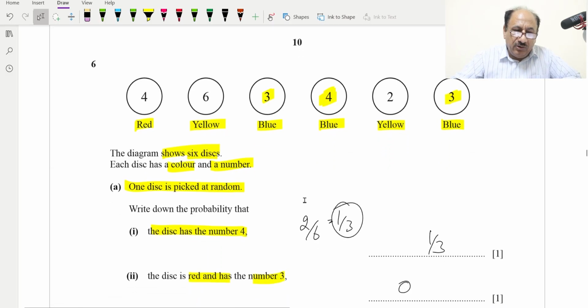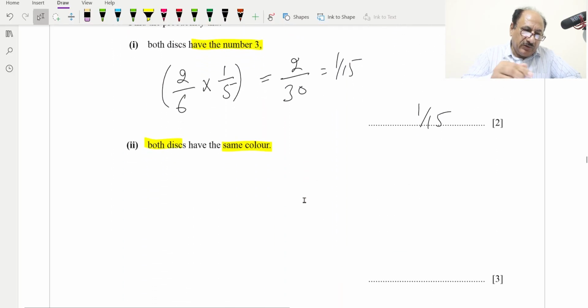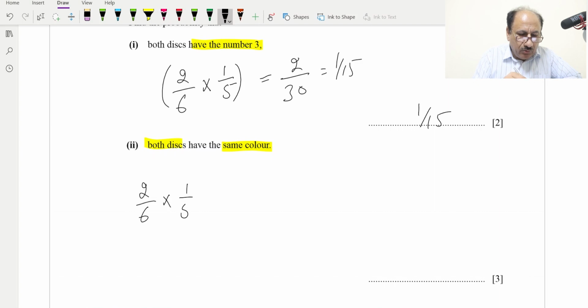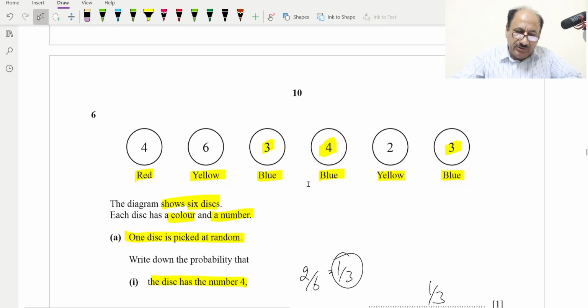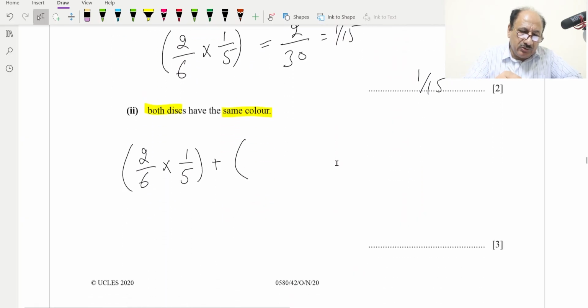So for yellow there are two, so the first probability will be 2 out of 6, and the second, because this is without replacement, will be 1 out of 5, one less in the total. For blue, there are 3, so it can be 3 out of 6, and the second one will be 2 out of 5.